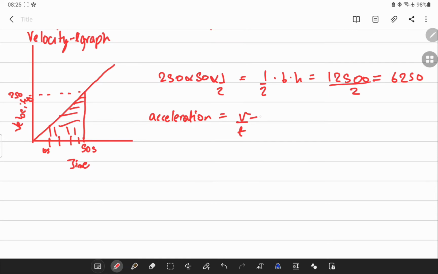Now I know I told you final velocity minus initial velocity upon time, and yes, that is also the case. If for example we have to find the acceleration between these points, in that case we will take that, but since the initial velocity becomes zero if we are measuring from this point, that's why it is velocity by time only for this graph, just for understanding.